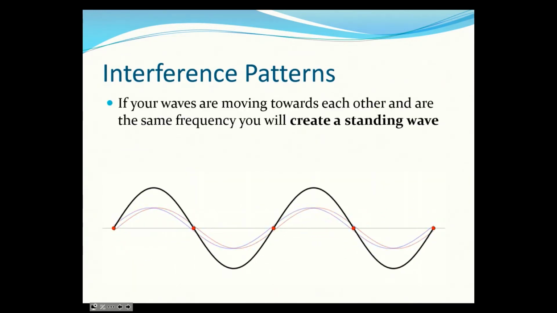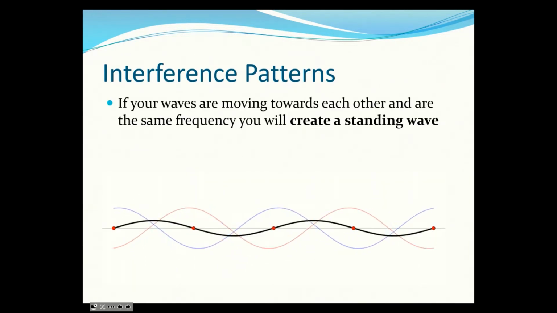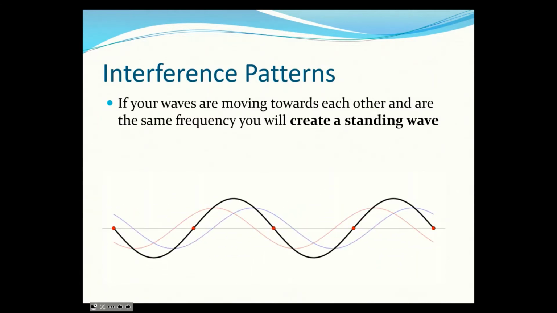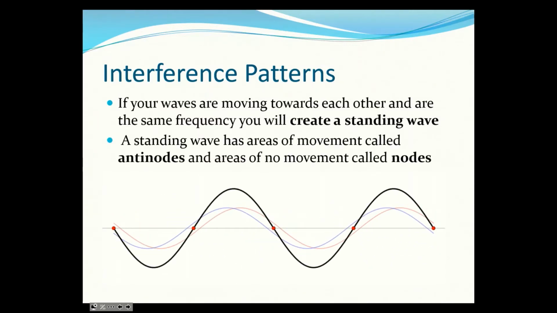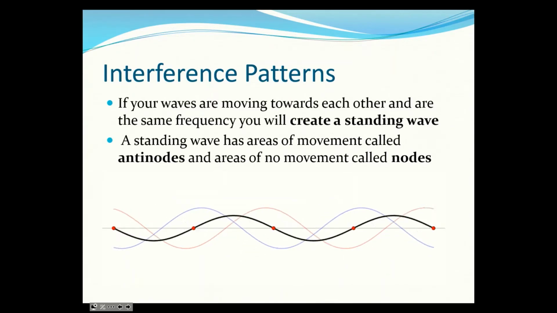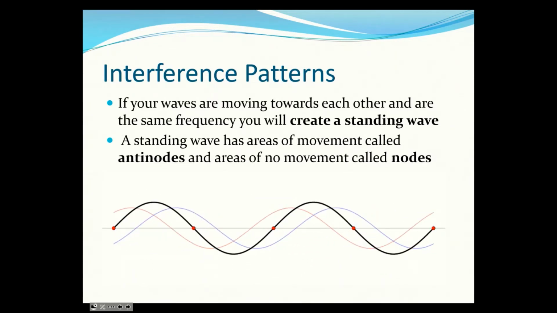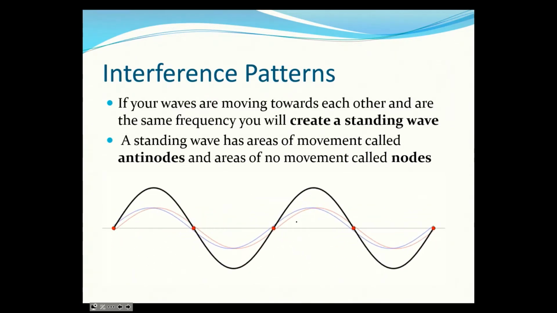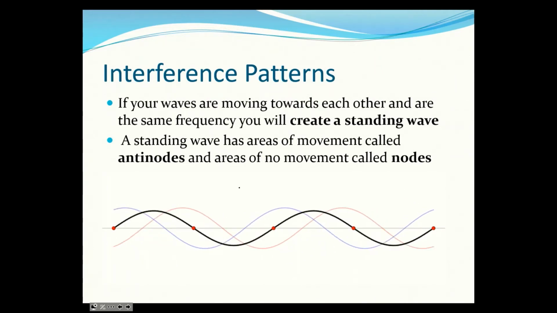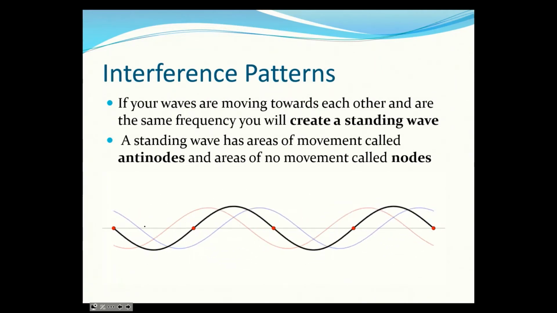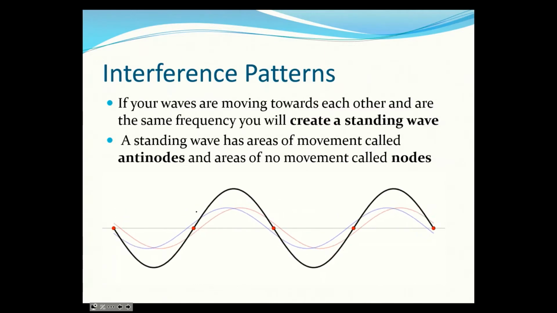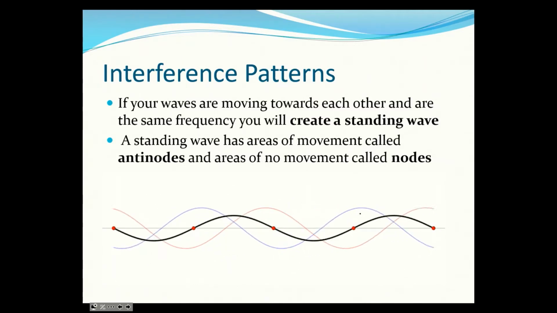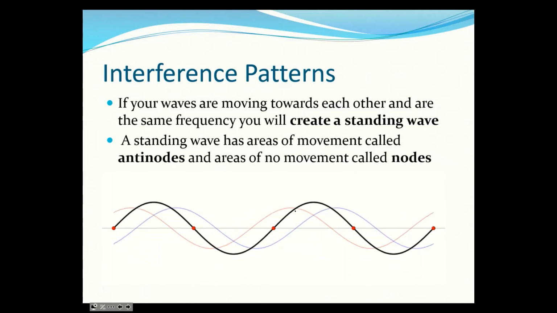So if your waves are moving towards each other and are the same frequency, you will create a standing wave. A standing wave has areas of movement called antinodes and areas of no movement called nodes. This is much better if I do this in person, but this is all we have right now. So you can see that we have two waves here. We have a blue wave that's traveling this way, and we have a red wave that's traveling this way.